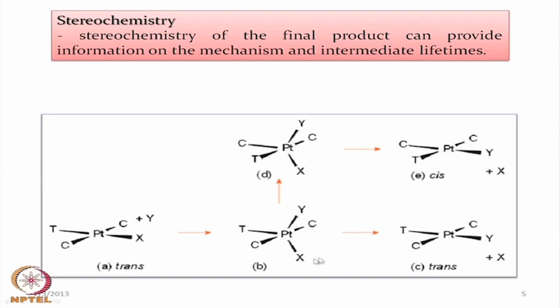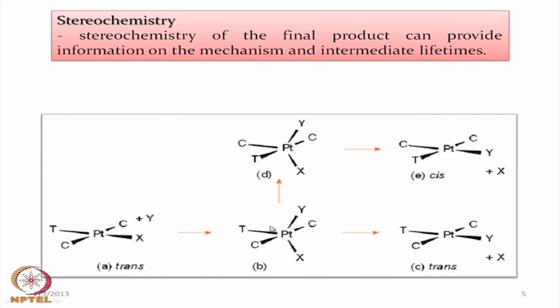Then X is going away, so it is the step where X is leaving the system. When X leaves, we are only getting back the corresponding trans configuration. That means the trans geometry is preserved for this particular environment.